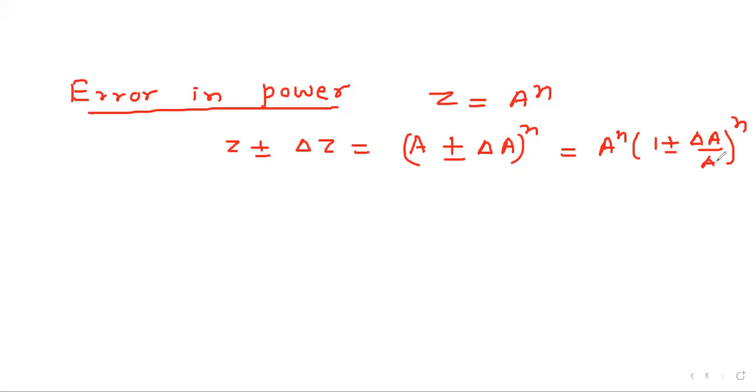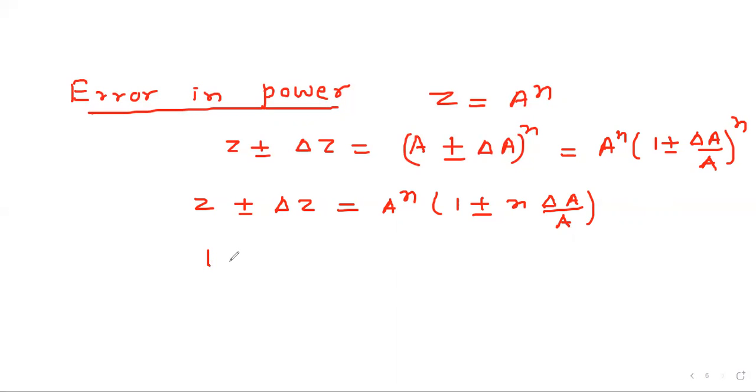So we again use binomial theorem. So we get Z plus minus delta Z equal to A power n times 1 plus minus n times delta A upon A. We divide each term by Z, that is A power n.